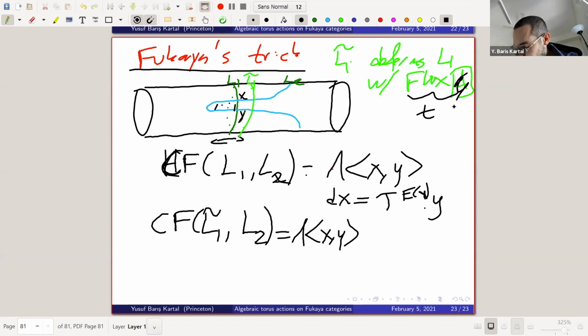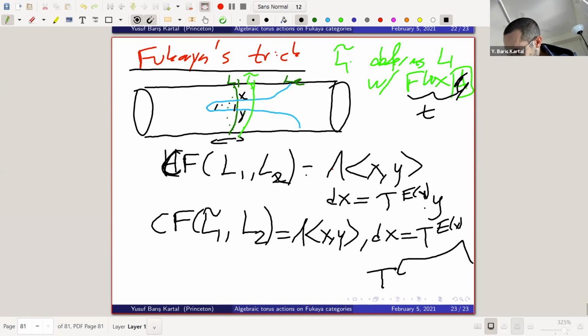But now the differential depends on the flux, on this parameter here. It's going to be T to the area times T to the T, times y. So in my case, I'm setting up the Z to be this T to the T term.